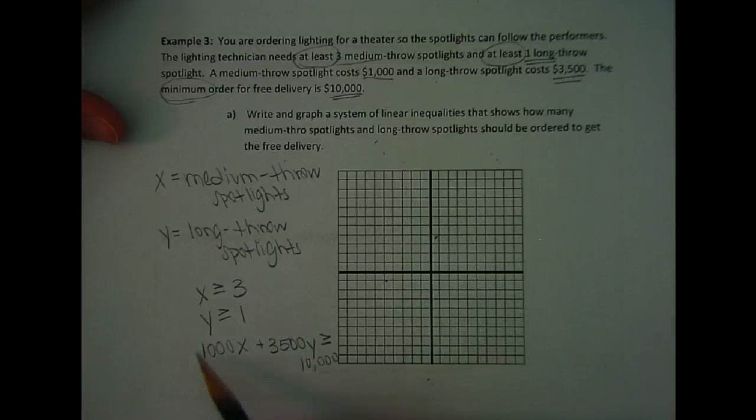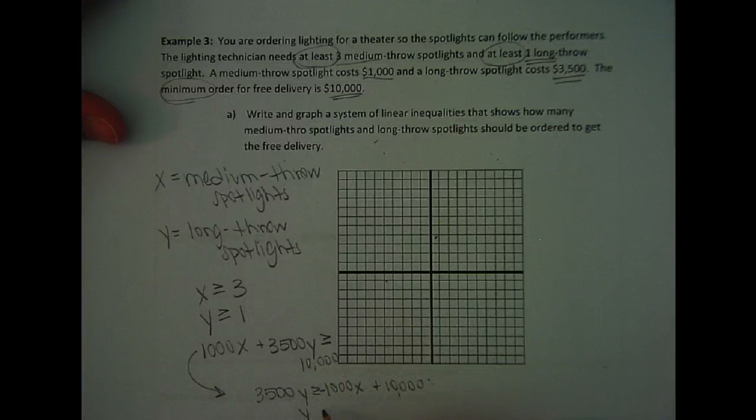In order to be able to graph this, I need to get this in slope-intercept form, so I'm going to subtract 1,000x from both sides. And I have this. And then divide by 3,500.